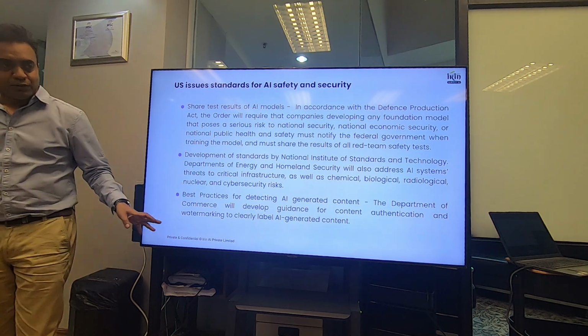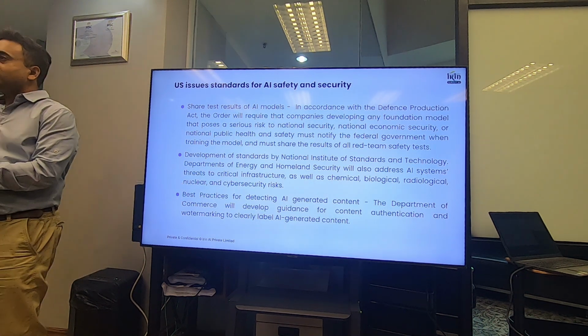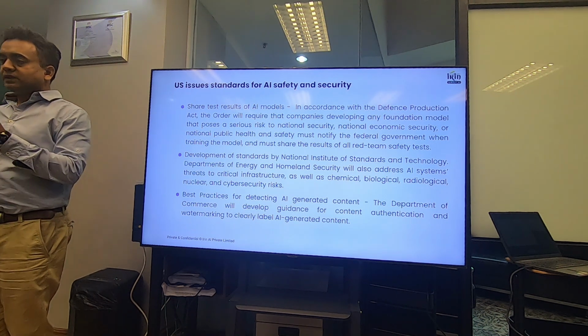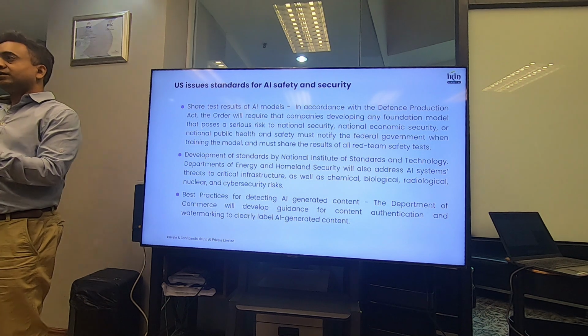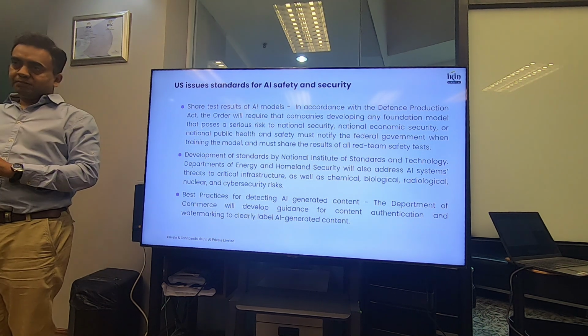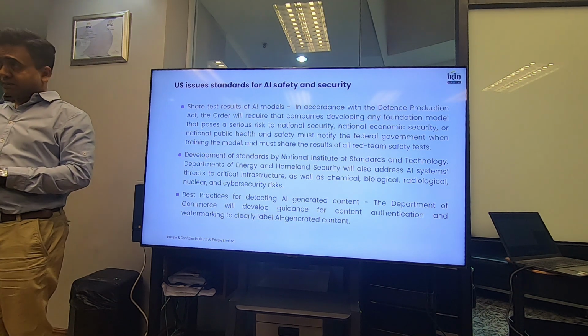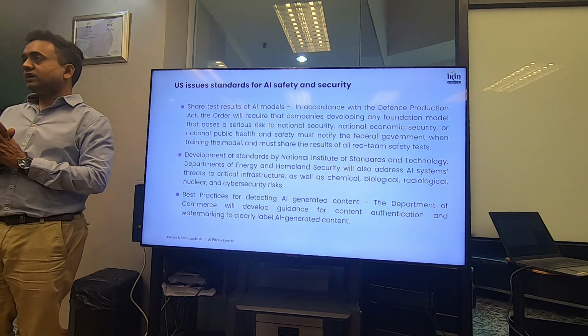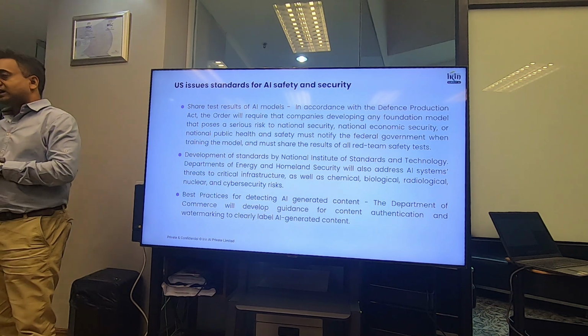Next is, if you generate any AI content, like what Pranav was teaching you, an image generated by AI or a video generated by AI, you should write somewhere at the bottom, content generated by AI. So clearly label it, it's not an original one, it's an AI-generated image.